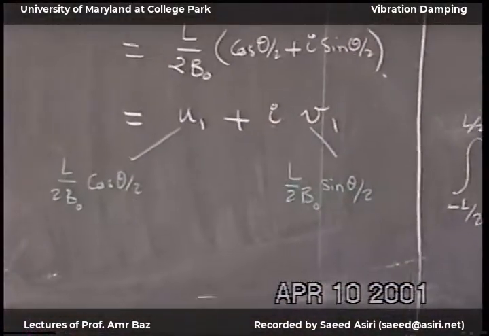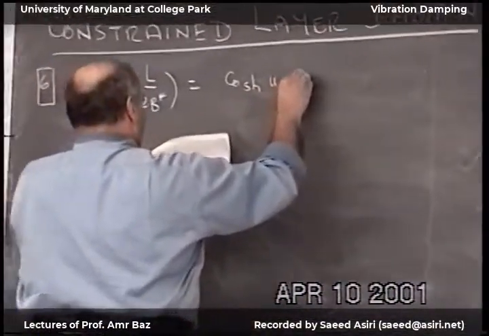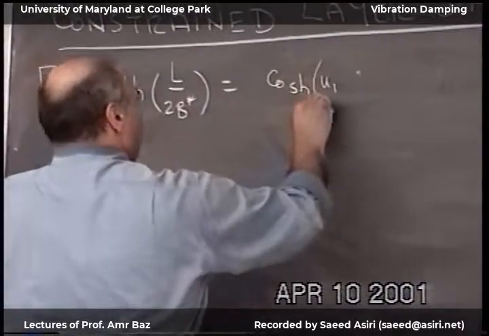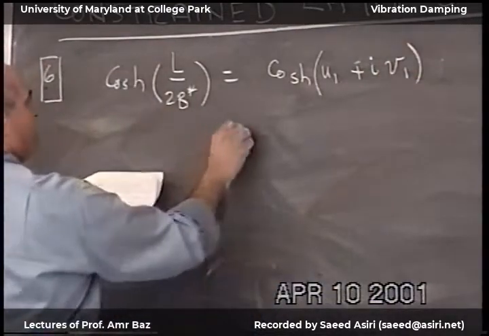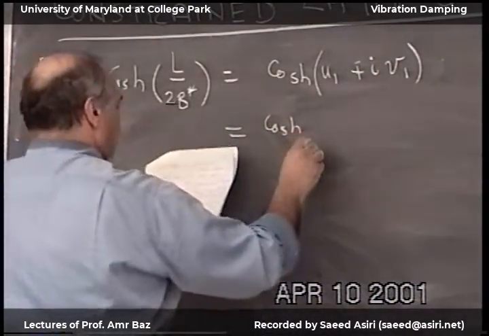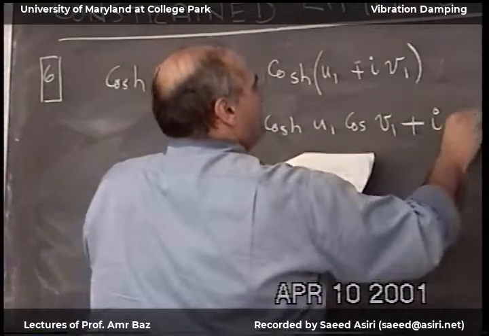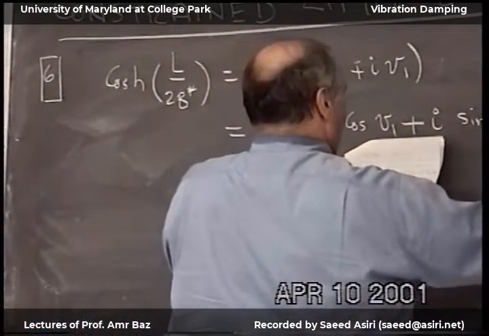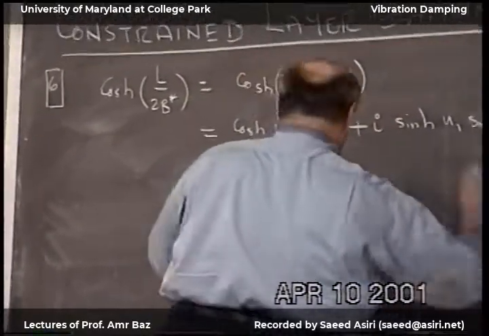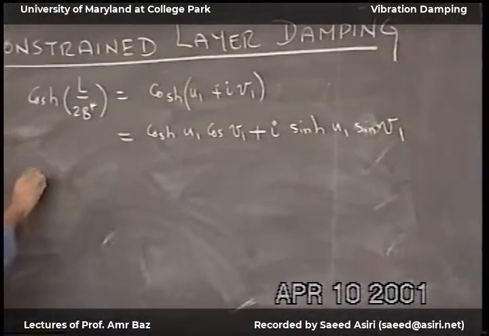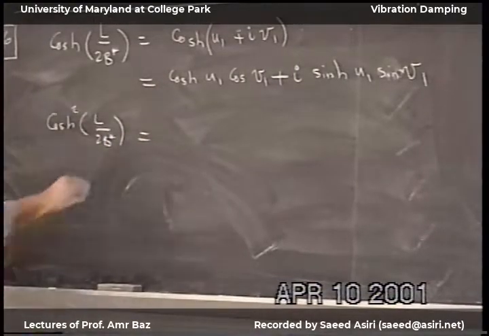So this will be cosine of u1 plus i v1. So this will be cosine u1 cosine v1 minus i sine u1 sine v1, and then the cosine squared will be the square of these numbers.